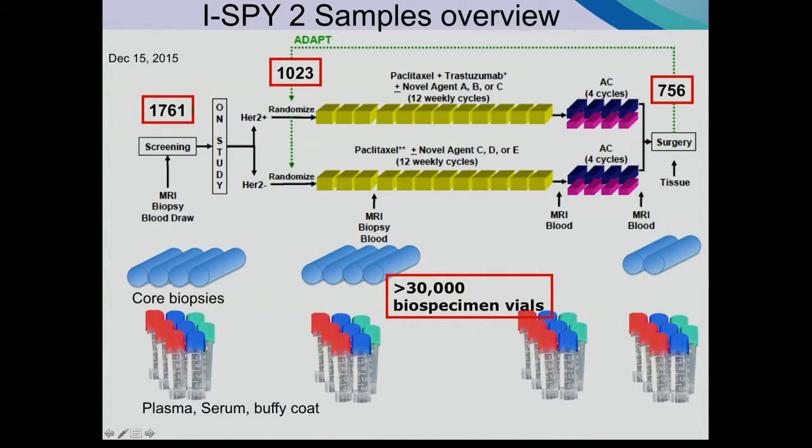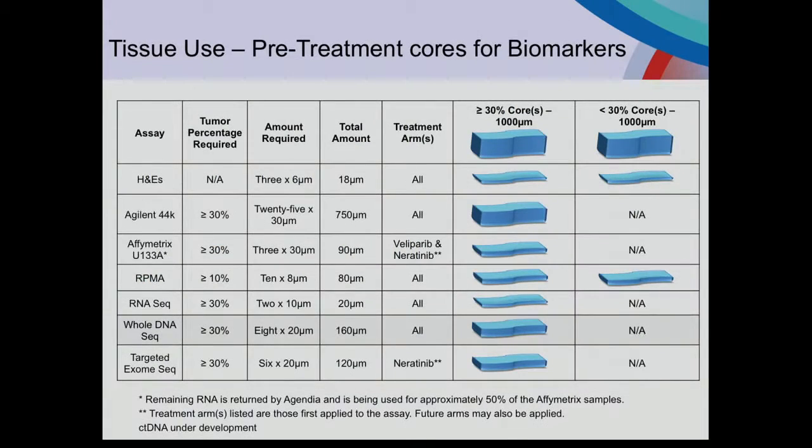Of all these patients, 1,700 have been screened, almost 800 are up to surgery, 1,000 went into the trial. So we have more than 30,000 biospecimen files over these different time points, either tumor biopsies or plasma, serum or buffy coat, to look into all the biomarkers.